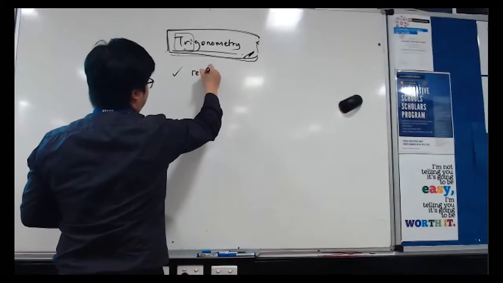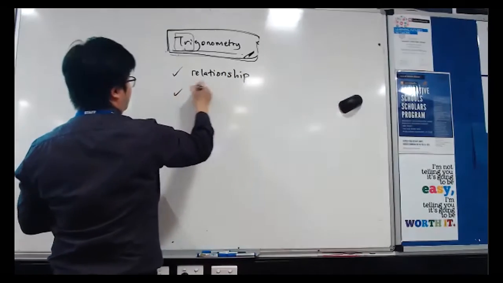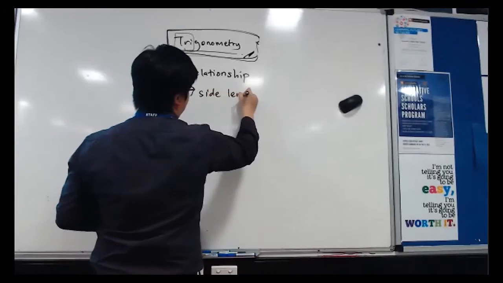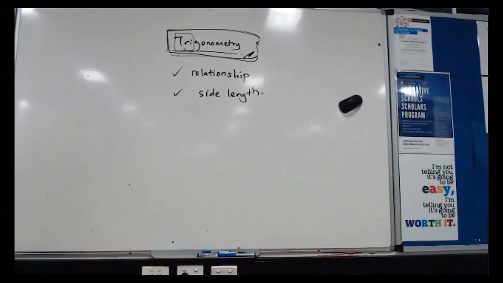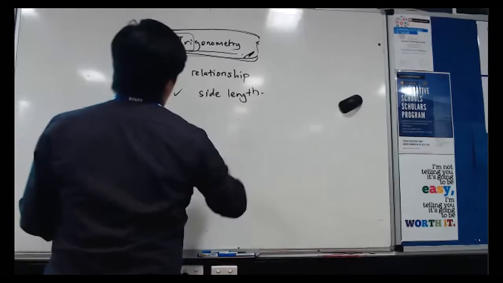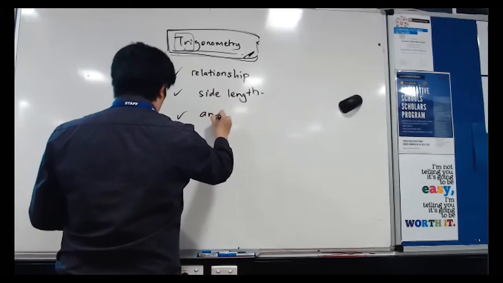Trigonometry is actually the relationship between side length and its angles.